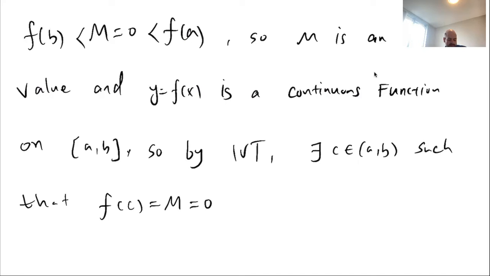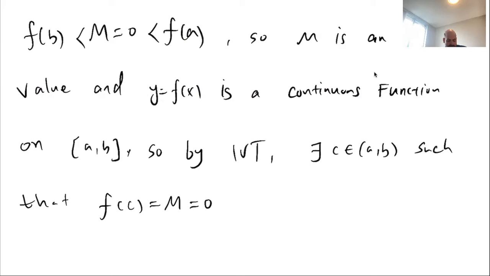Similar reasoning can be done for case 2. So either case 1 or case 2. Case 2: f of a is negative and f of b is positive. Then again we can say that m equals 0 is an intermediate value, bigger than f of a and less than f of b.